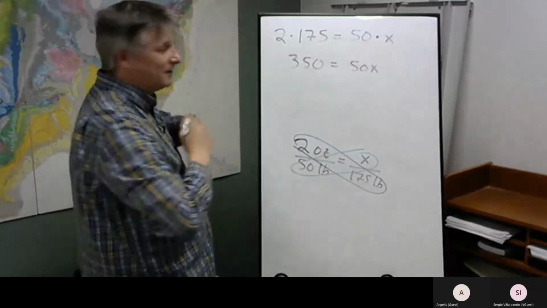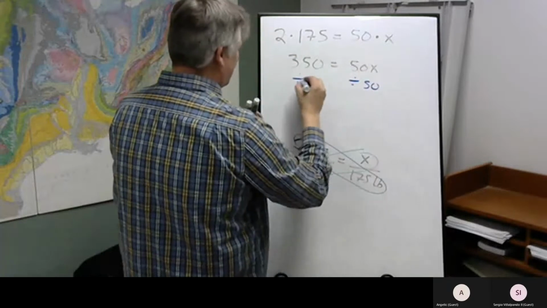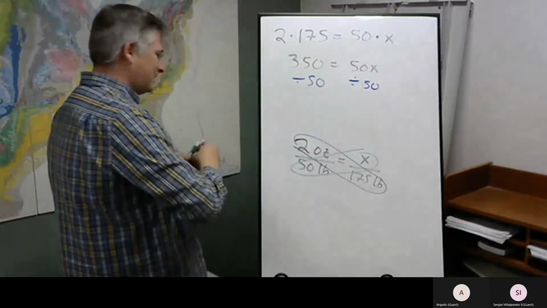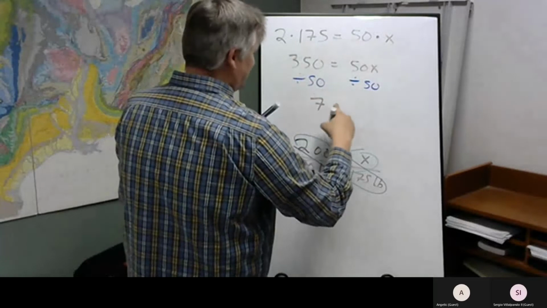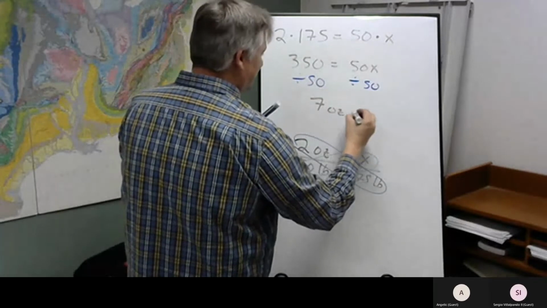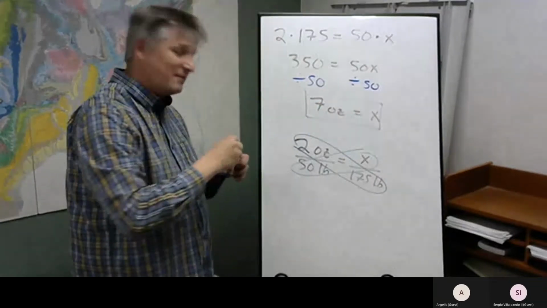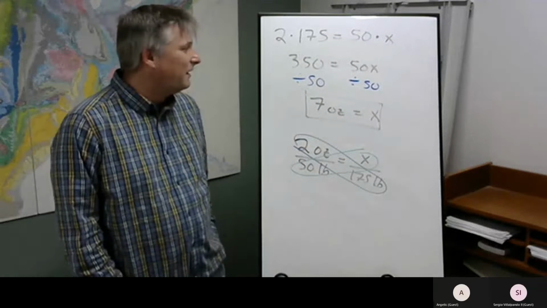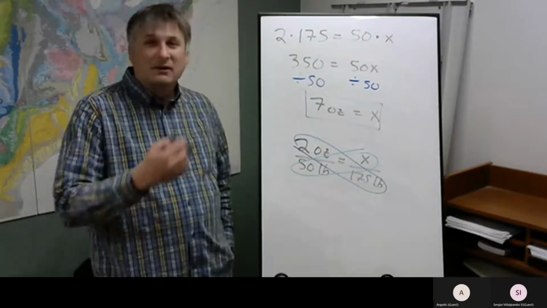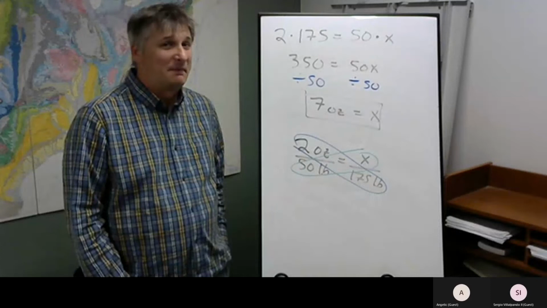Divide both sides by 50. And sure enough, we get 7. And this is 7 ounces. You don't want to forget that. 7 ounces of medication. Whew. All right, there you go. Questions about that?